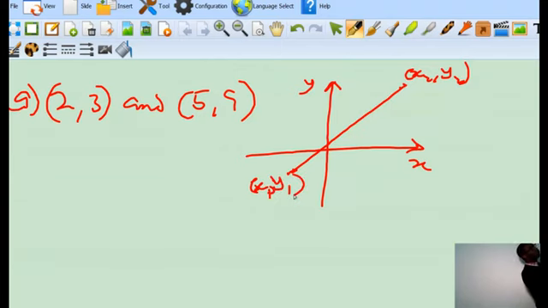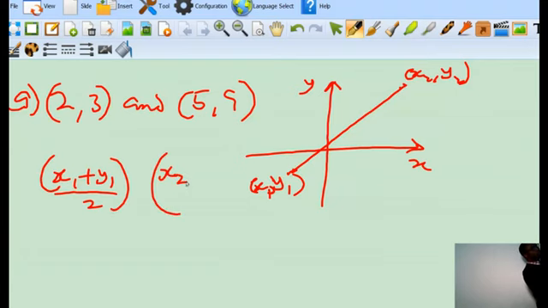Now the formula for calculating this is (x1 plus x2) all over 2, then (y1 plus y2) all over 2.